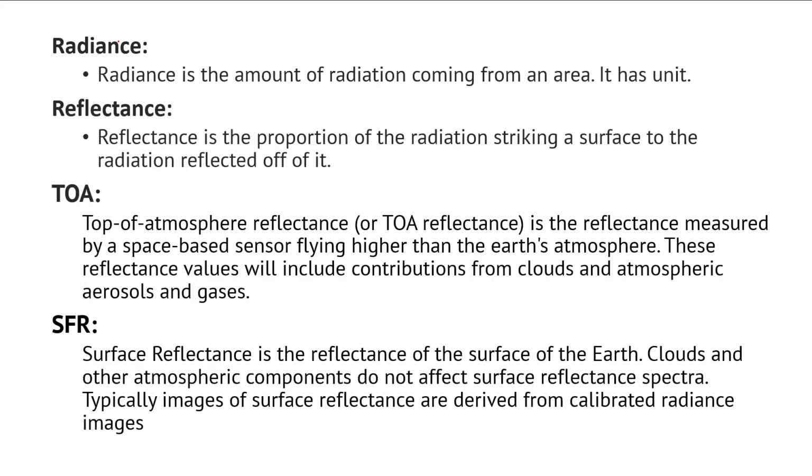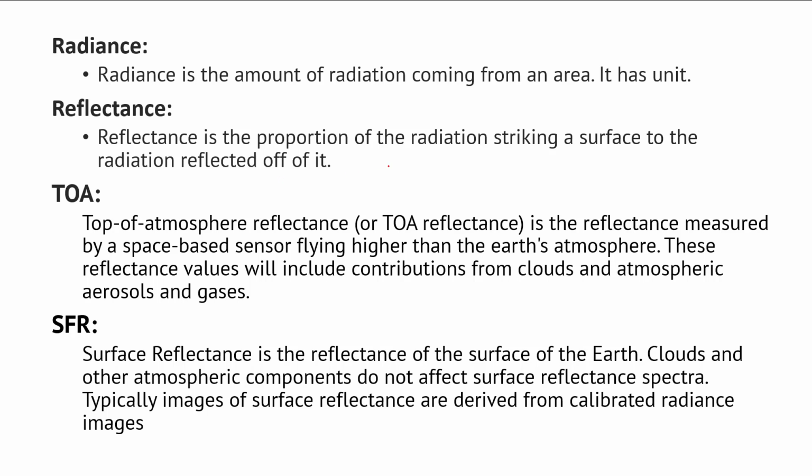Now let's talk about radiance. Radiance is the amount of radiation coming from an area. That's it. It has a unit. While reflectance is actually a ratio, and since it's a ratio, it does not have any unit dimension. Reflectance is a proportion of radiation striking a surface.